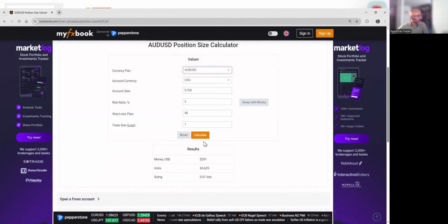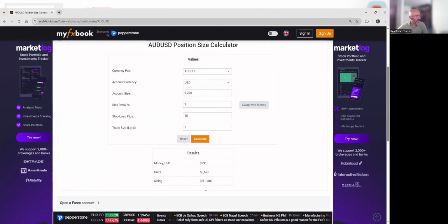All right, let's say. So let's calculate. In that order of ideas, I should trade only in my size 0.61 lots. And I would be risking, okay, $291 if the trade goes against me. For this reason is because when we trade, we need to pay close attention, okay, before we proceed placing a trade.